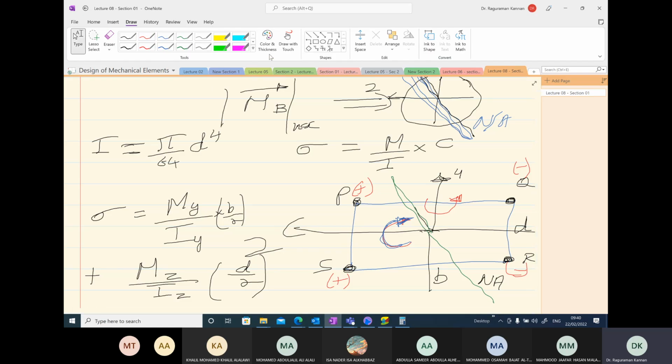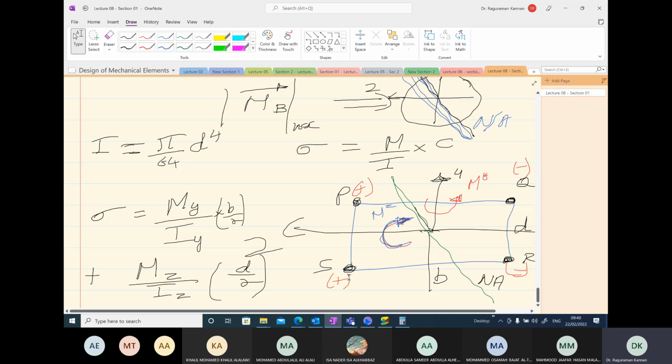Okay. Now let us take the blue moment. So let me write down the moments as well. This is my moment with respect to y-axis. The other one is with respect to z-axis. The bending moment Mz, what does it do?